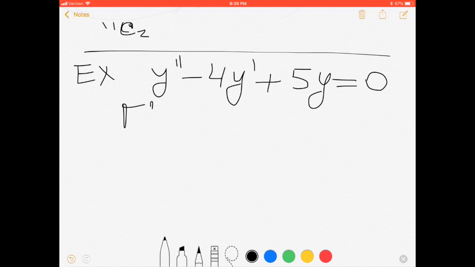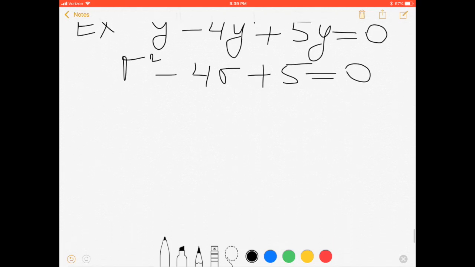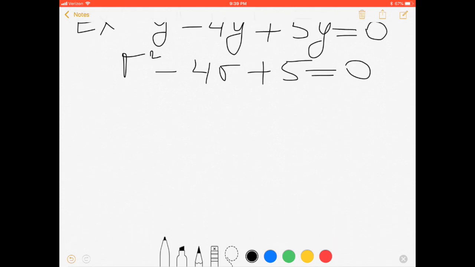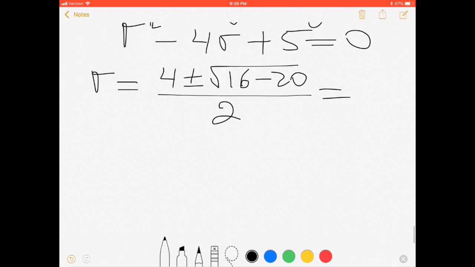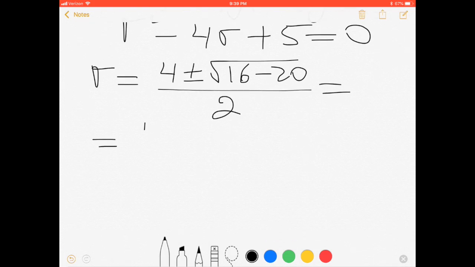Here we have r squared minus 4r plus 5 equals 0. Here we use the formula, and we have r equals 4 plus minus square root of 16 minus 20 over 2, which is 4 plus minus 2i over 2.